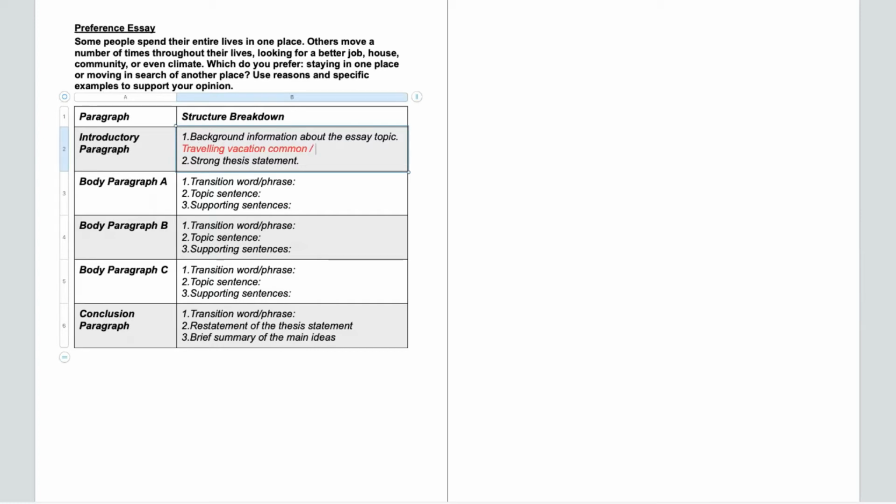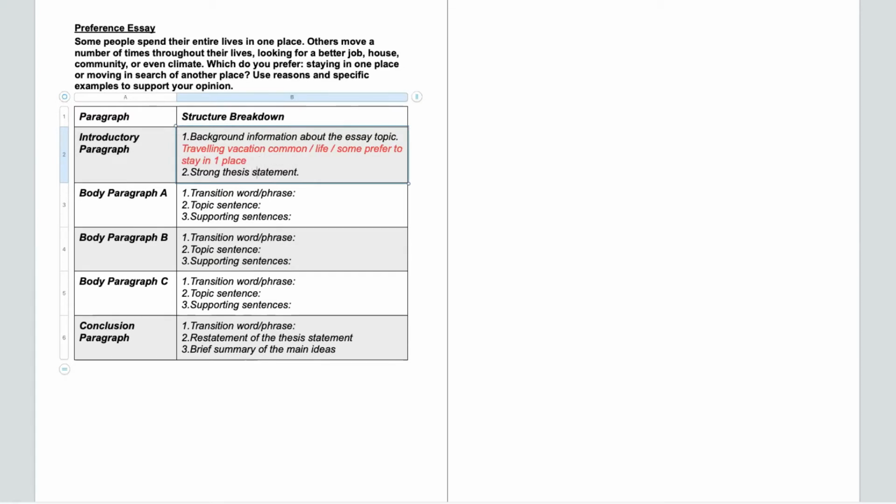Now traveling is even more common in life. So what was once reserved for vacations is now pretty common. And I'm going to introduce both sides of the argument. This is really important, and it really helps introduce your argument. So I'm going to also make a point of saying that some people prefer to stay in one place and not really travel as often as it is becoming now.